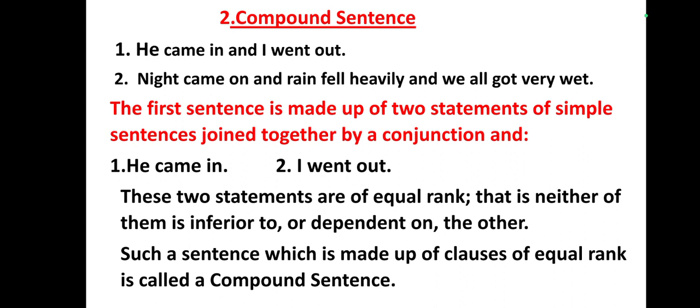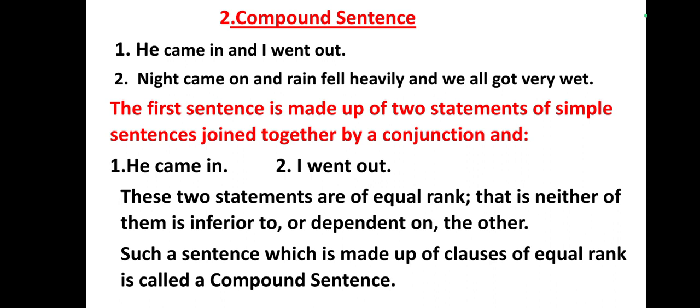Now, if we separate example number 1 into two statements of simple sentences, then we will have number 1, he came in, number 2, I went out. Now, here one thing is important to note that these two statements are of equal rank.